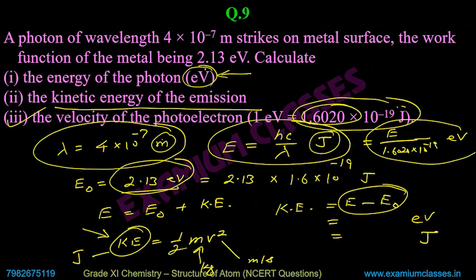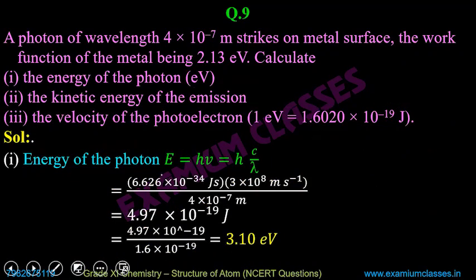These types of questions are slightly confusing, but once you have done two such questions on interchanging of units, not intermixing, it will be easy. All these questions you have to do yourself.